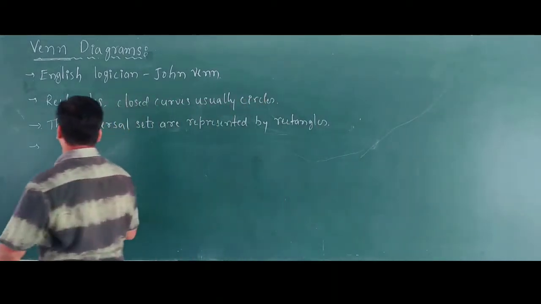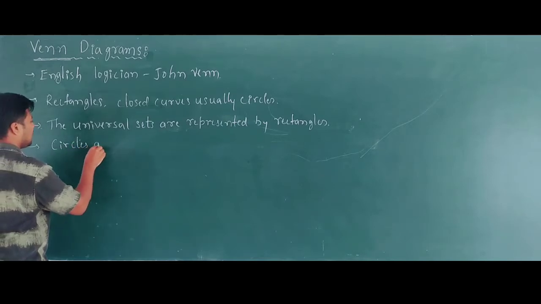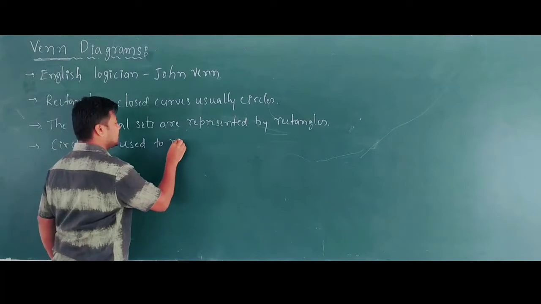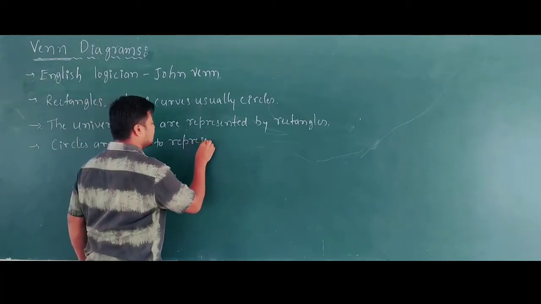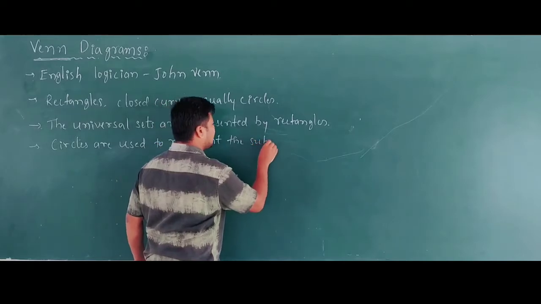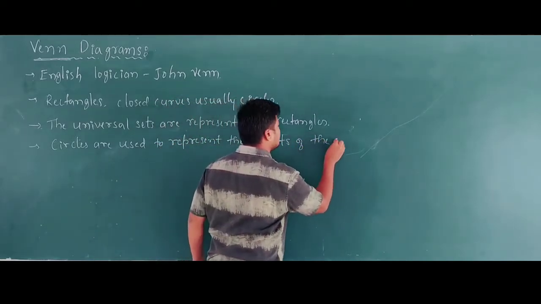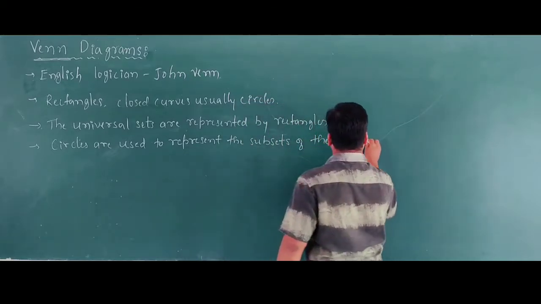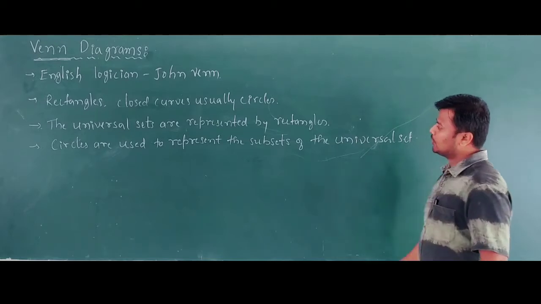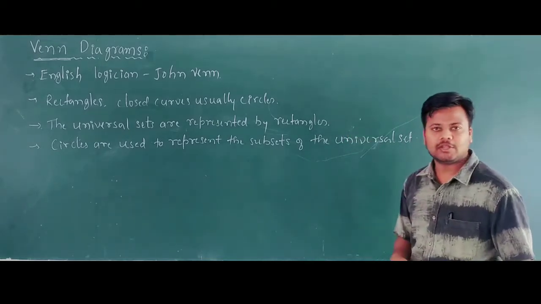Circles are used to represent the subsets of the universal set. To represent a subset of the universal set, we use circles.